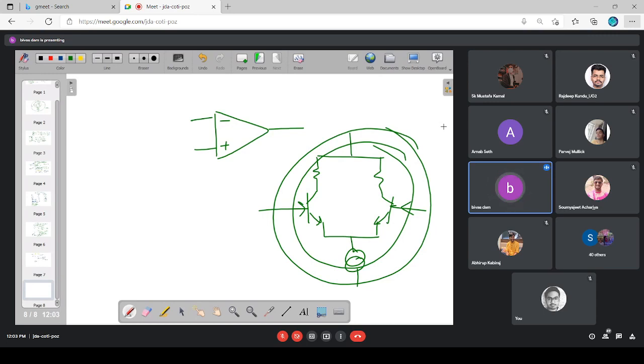For any BJT to operate properly, it must be properly biased. So I must have some input bias current here and here, IB1, IB2.